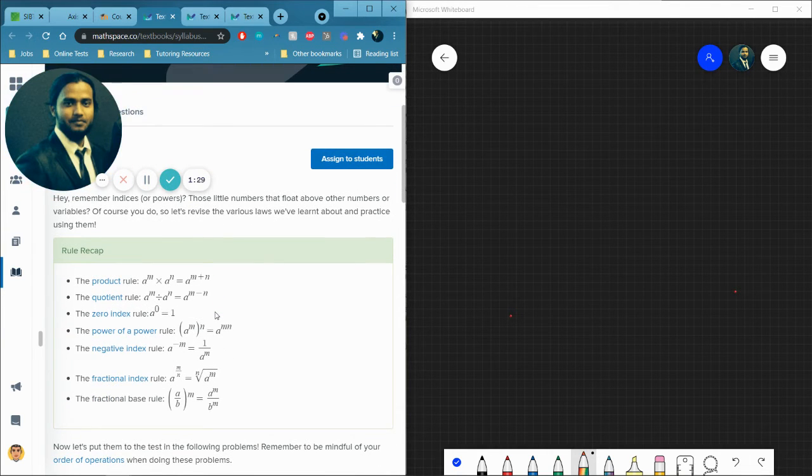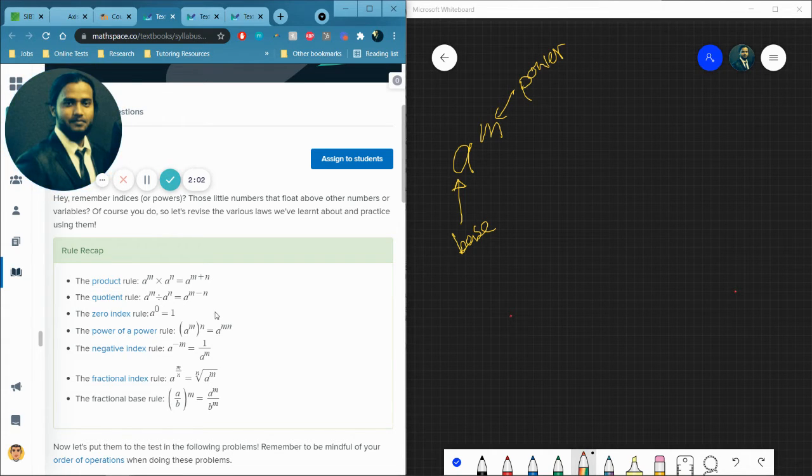All right. So first rule, product rule. It's not just important that you understand how to do the problem, you also need to know the name of the rule. So what we are saying is, if something is written or raised to the power of something else, this is called the base, and this is called the power.